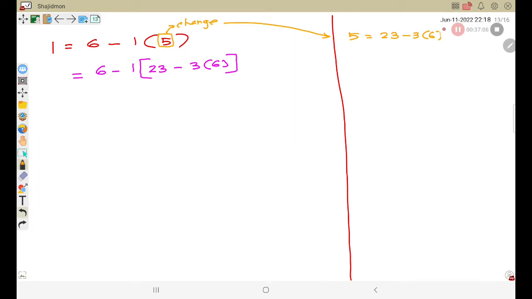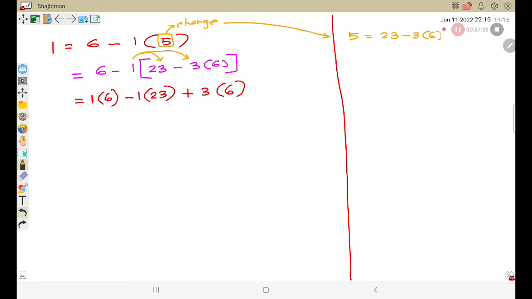Hope you understood that. Now this minus 1 we distribute to both terms. So 6 means 1 multiply 6. Don't forget, a lone number means 1 multiply that number. Put that number in brackets, 1 multiply 6. Now minus 1 multiply 23 in brackets. Minus multiply minus means plus, don't forget. 1 multiply 3 is 3, and 6 stays the same. Only the outside number we are multiplying.